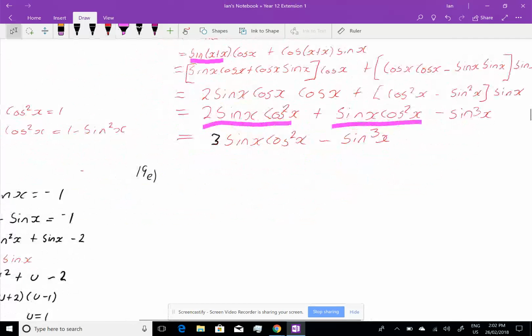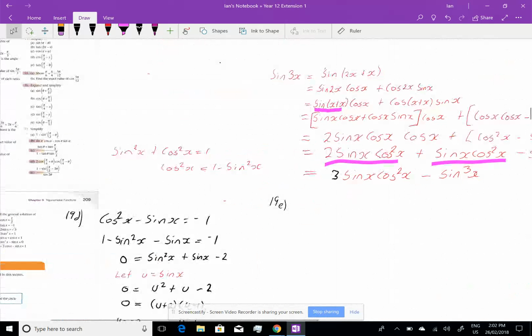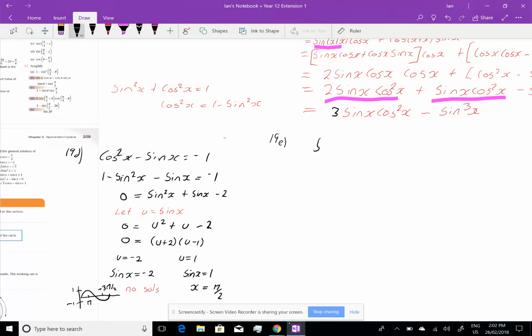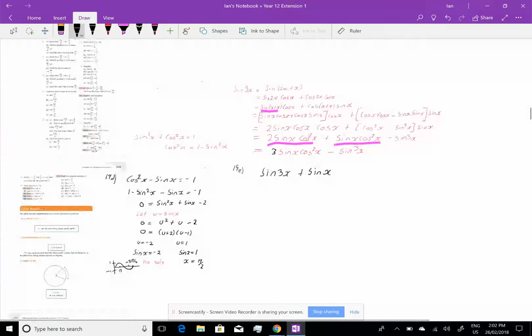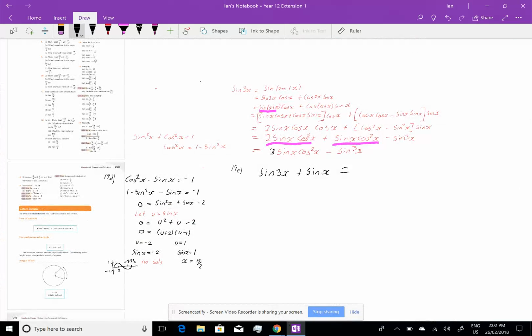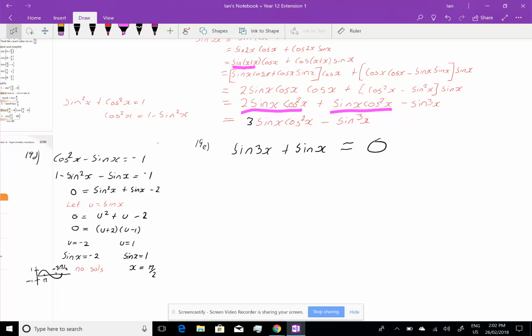But now, when I have to solve this equation, which is sine 3x plus sine x, and what does it equal? 0. Well, I'm going to substitute this in here.